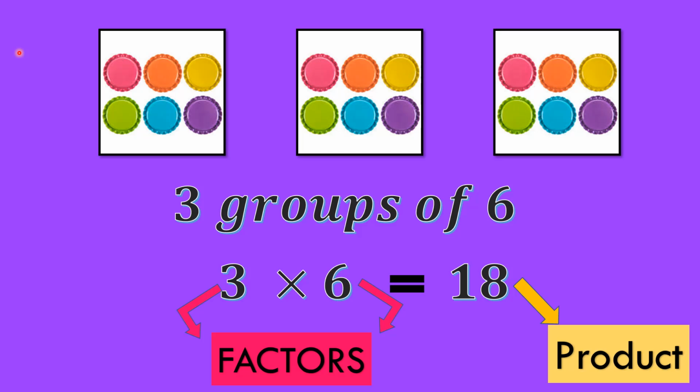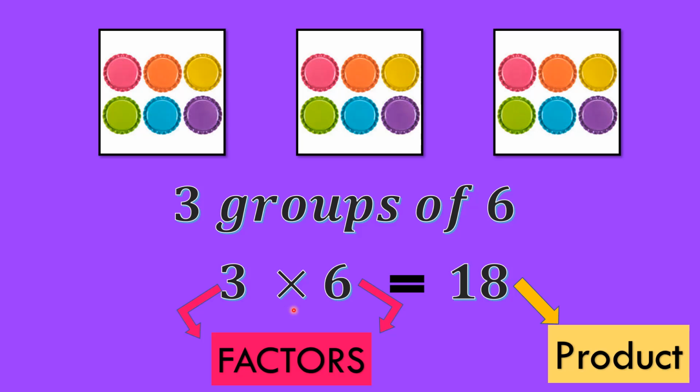Class, it is helpful to remember that when writing multiplication sentences for whole numbers, the largest number goes at the end after the equal sign. Okay? So, how do we write the multiplication sentence again? We start with the number of groups, then we put the multiplication sign.